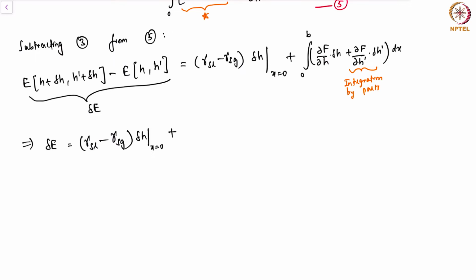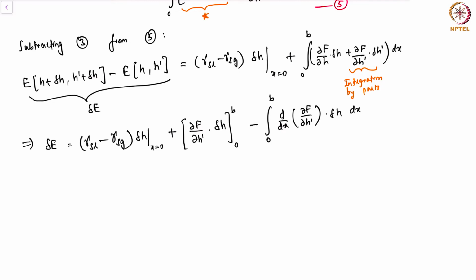The first quantity will be del f by del h prime times the integral of delta h prime, that is delta h, evaluated from 0 to b. Then the second one would be, from 0 to b, the derivative of the first function, d by dx of del f by del h prime, times the integral of the second function delta h prime, the integral being delta h, dx. Okay, that's the integration by parts.